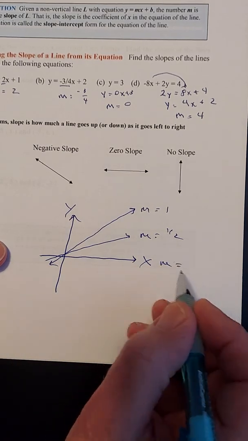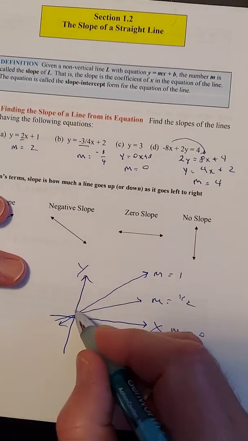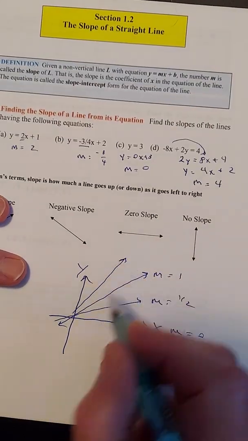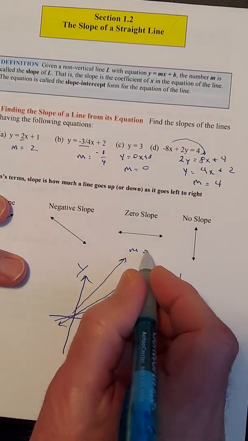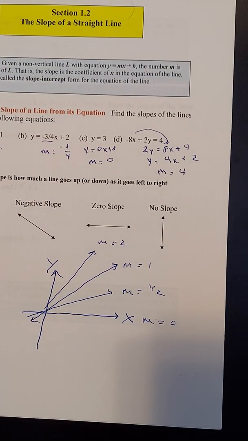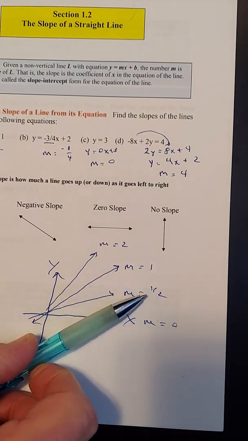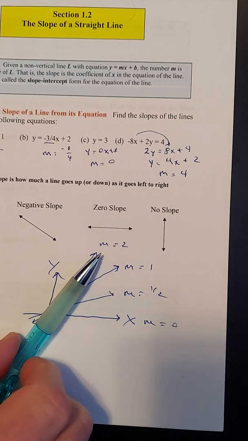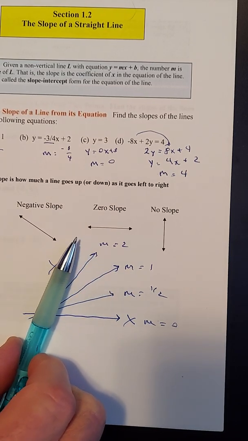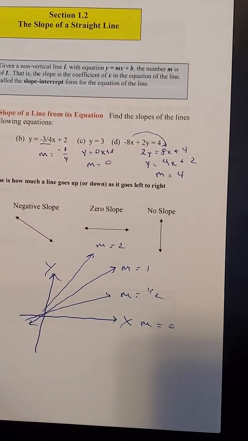Slope going straight across would be 0. If I came back up here and split that difference, that slope is equal to 2. So the bigger the slope, the steeper the line.